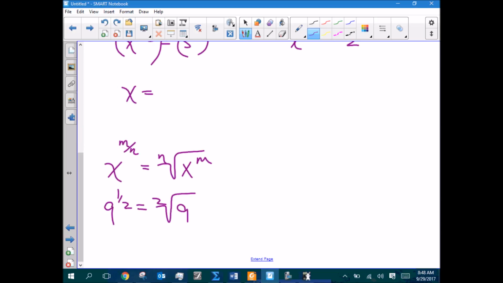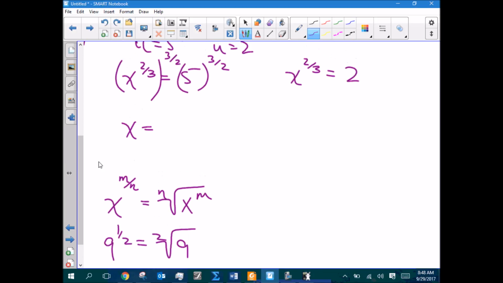Okay. So we want to do the same kind of concept up here. What's going to happen is this denominator always becomes your index. Okay, and I'll have 5 cubed. Well, 5 cubed is 125, so I'm looking at the square root of 125.